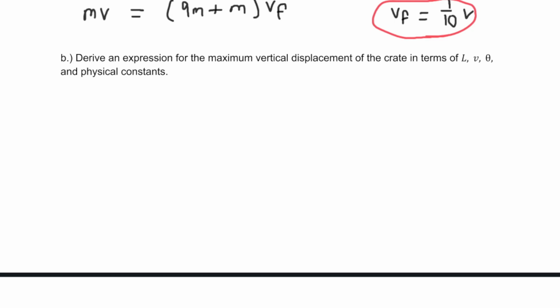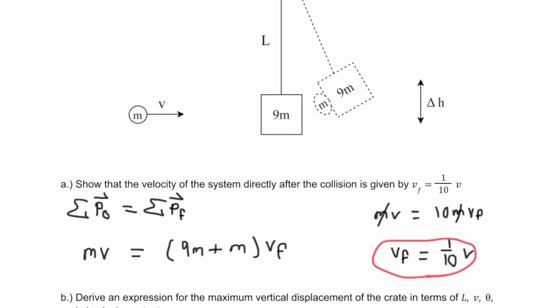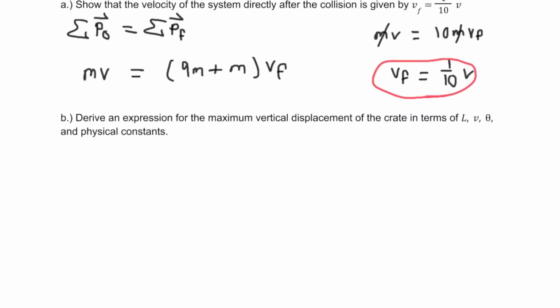Derive an expression for the maximum vertical displacement of the crate. So don't overcomplicate this. After the collision takes place, we can conserve energy because then it's only gravity that's going to be acting on our system. That's going to be the unbalanced force external to the system.